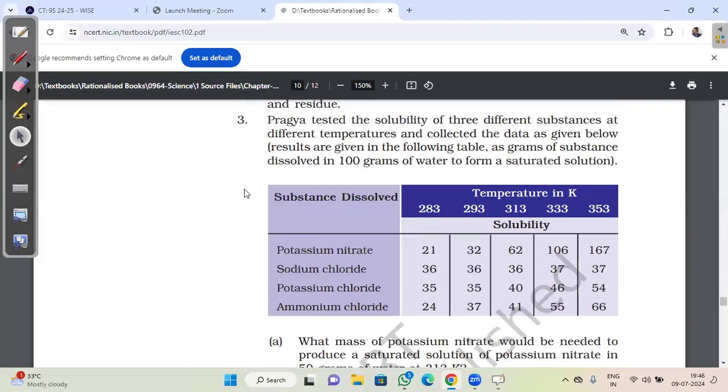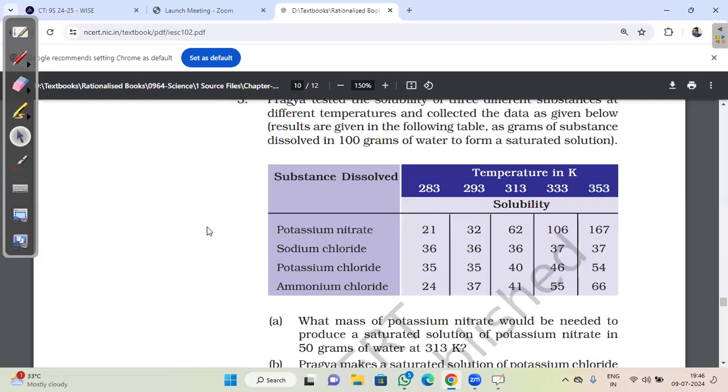So see this question again. Pragya tested the solubility of 3 different substances at different temperatures and collected the data as given below. The solubility of potassium nitrate at 283 Kelvin is 21, at 293 it is 32.